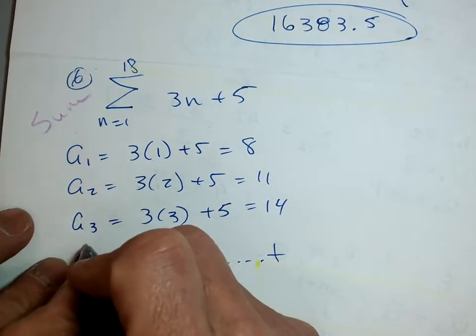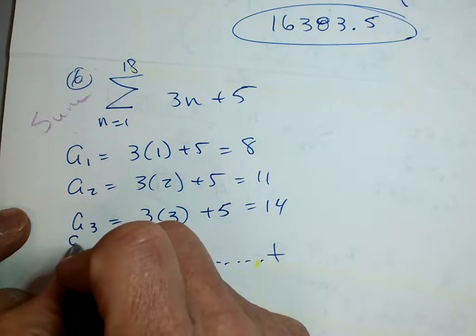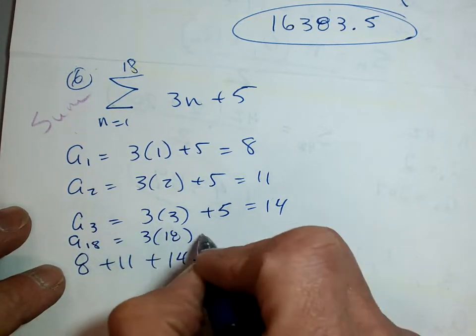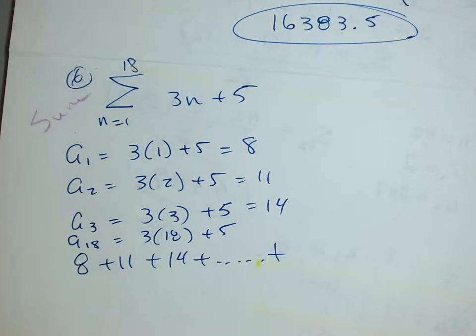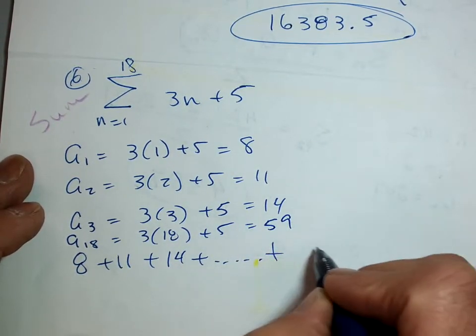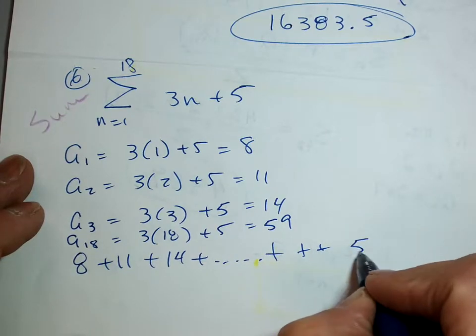I do A of 18, right? So A of 18 is 3 times 18 plus 5. That's 57 plus 5, 59. Okay, so the last term I'd add would be 59.